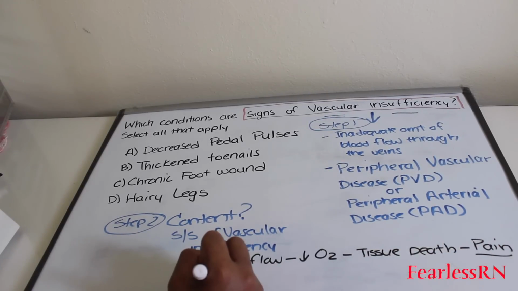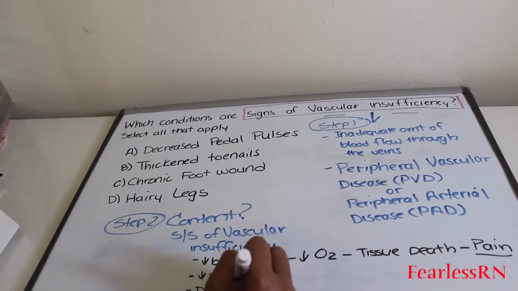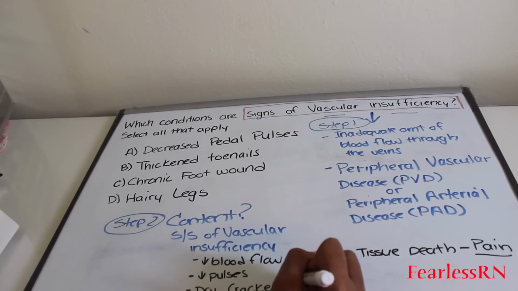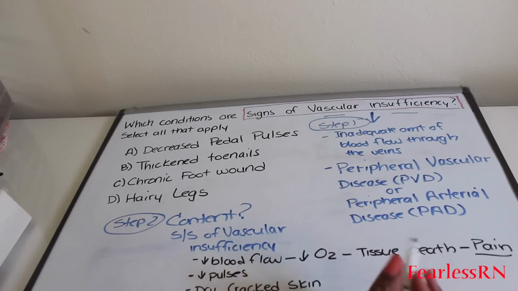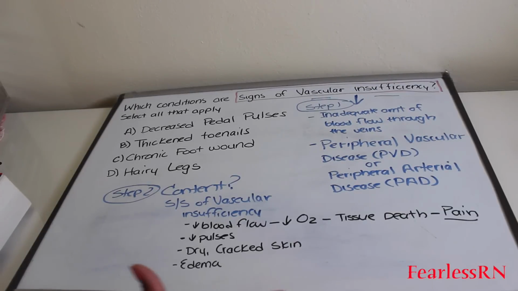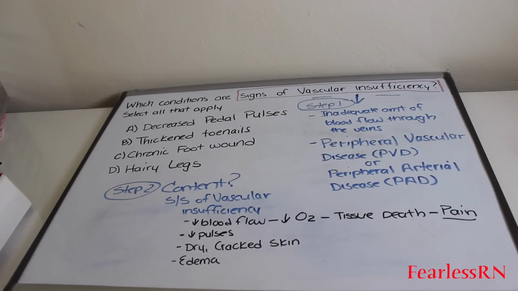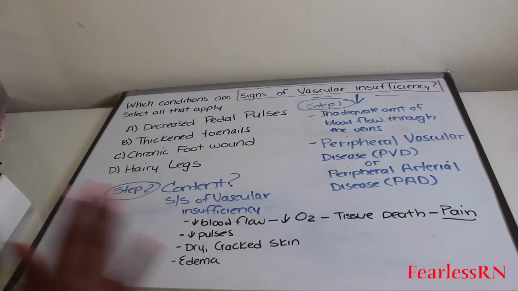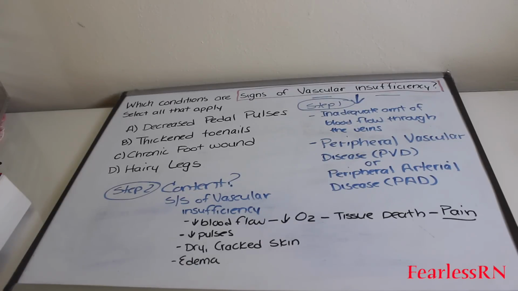You also have decreased pulses, dry, cracked skin, edema. So this is a generalization of the content. Of course, there's more in detail, and that will be for you to look up. Just for demonstration, that is what I'll say.